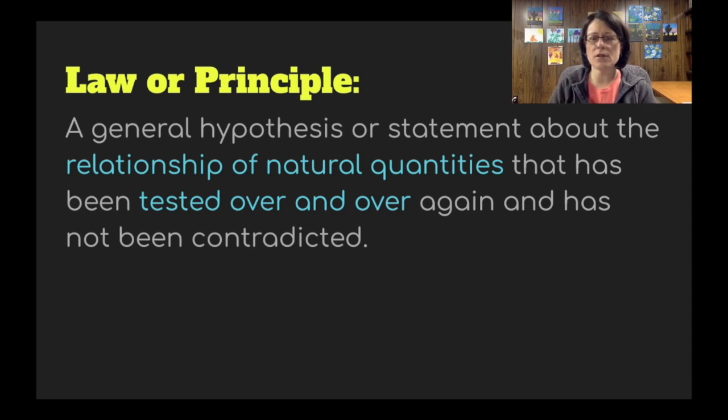We always observe with the law of gravity that if we drop an object, it always falls. That is just a fact. Okay? So that is what a law is, something like the law of gravity. It's always going to happen.